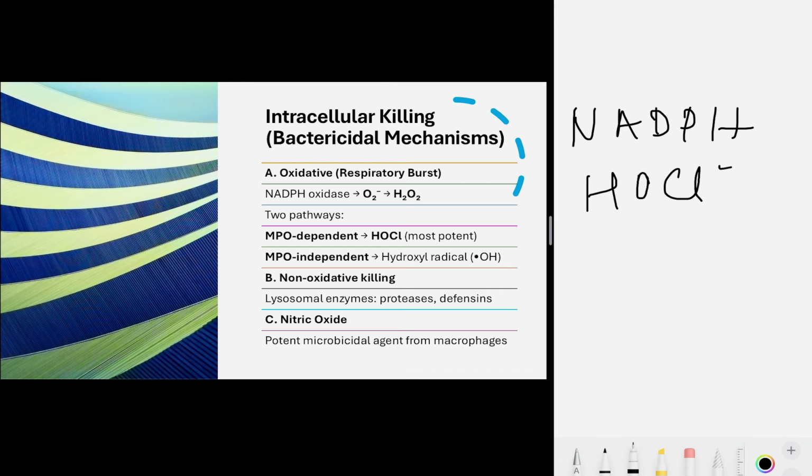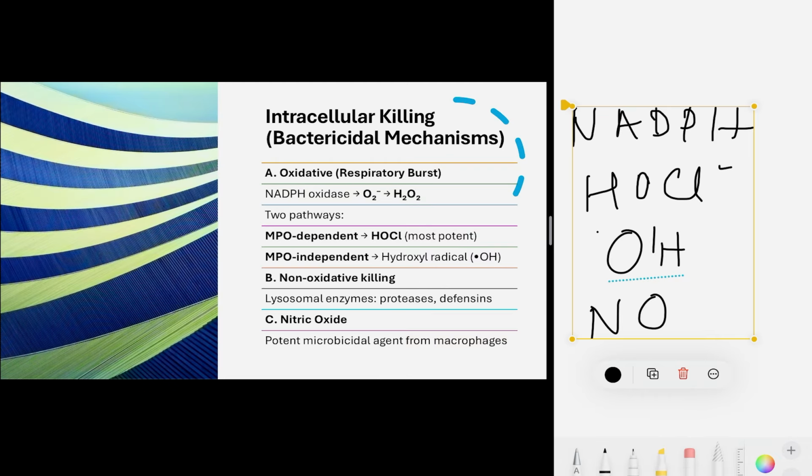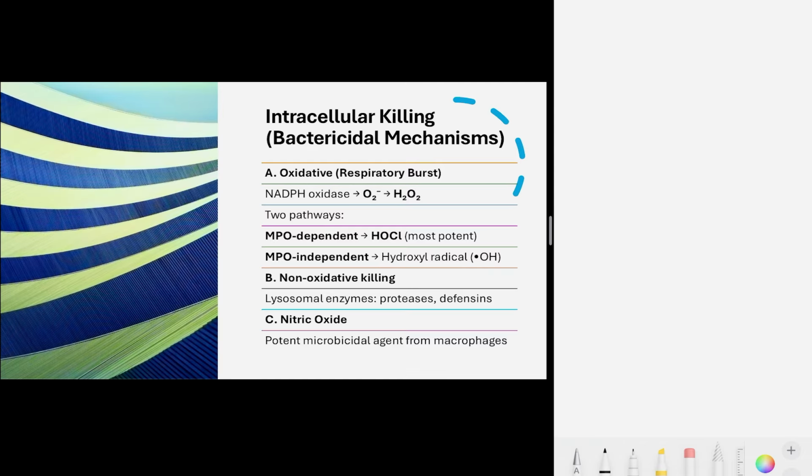The MPO-independent route creates hydroxyl radicals, which are highly destructive. Non-oxidative killing relies on lysosomal enzymes, defensins, and other antimicrobial peptides. Additionally, nitric oxide, generated especially by macrophages, has strong microbicidal activity. These mechanisms ensure rapid pathogen elimination and infection control.